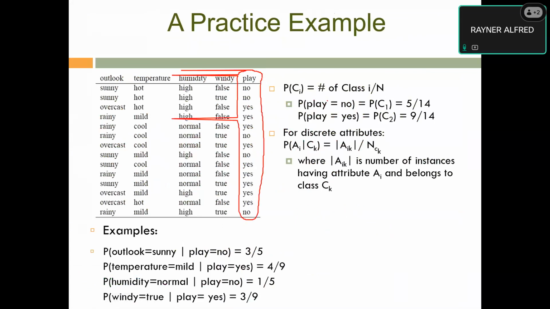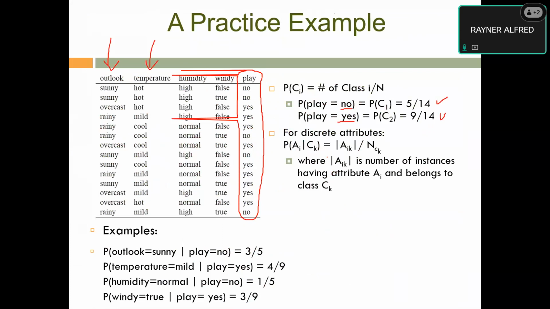So first we look at the probability of having class. In here we only have two classes. So we have the probability of no and yes. So we just compute only. So no we have 5/14, and then yes we have 9/14. Okay. So now we look at the feature here.